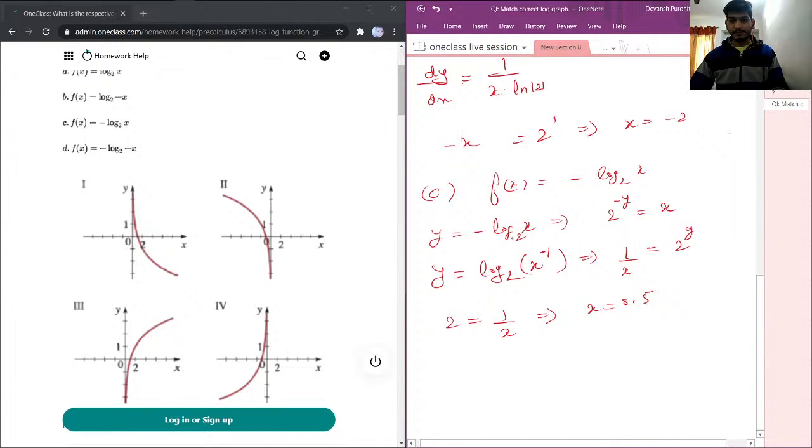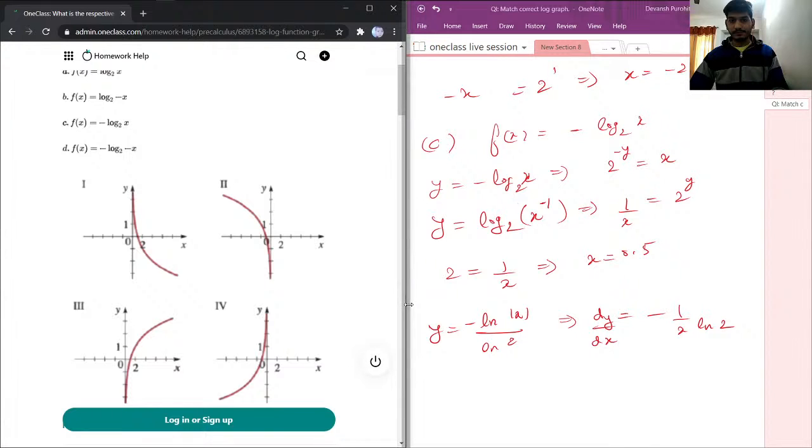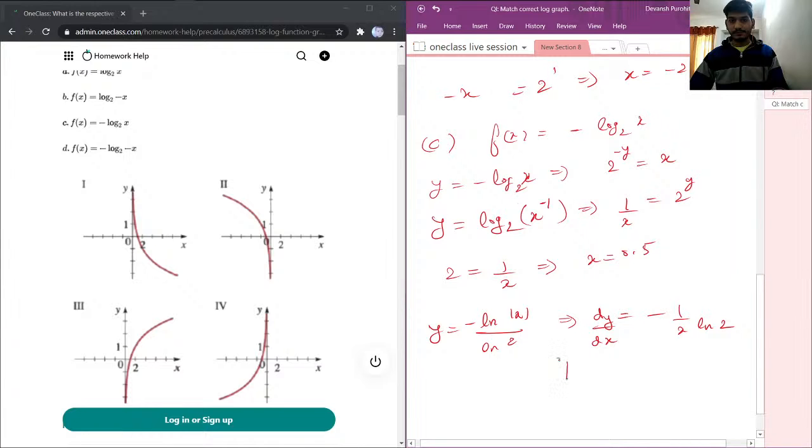And talking for slope, so y equal to negative of ln of x over ln of 2, the derivative will be negative 1 over x ln 2. So my slope is going to be negative, and x will have positive y. So for the first quadrant, positive x, positive y, my slope is going to be negative. So for C, my option is going to be 1.